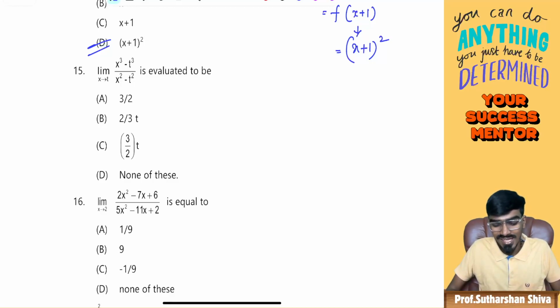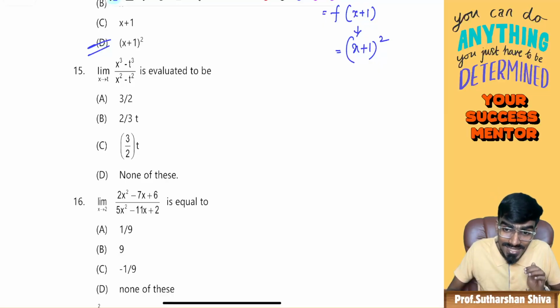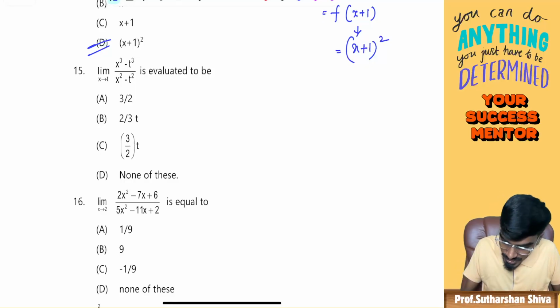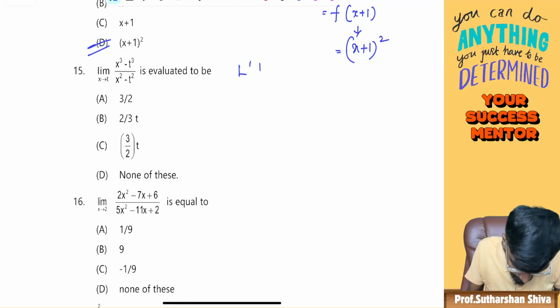If I substitute t in the x place, t cube minus t cube becomes 0 in the numerator, and t square minus t square becomes 0 in the denominator as well. In both cases it becomes 0, which means it is an indeterminate form. At that point, we'll be following L'Hopital's rule.